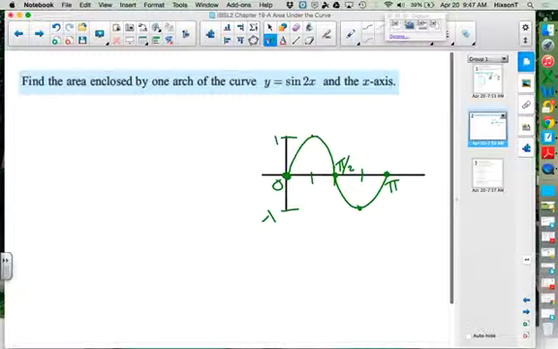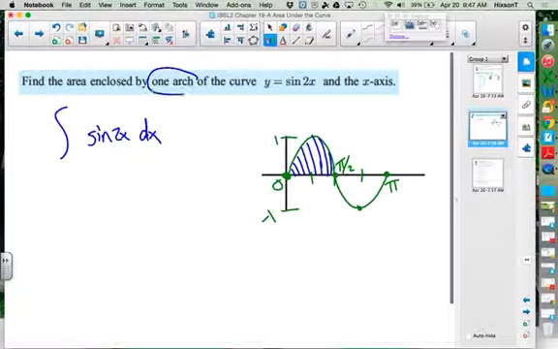So in this case, we know we're finding the integral of sine of 2x, but what interval are they asking us for? Only half of a period, because it didn't ask for one period, it asks for one arch.